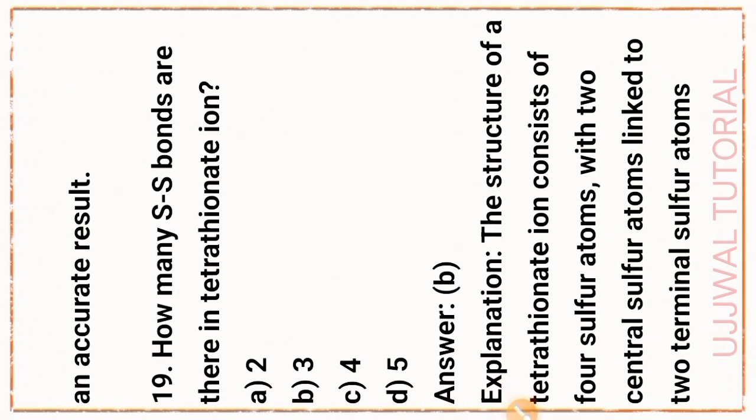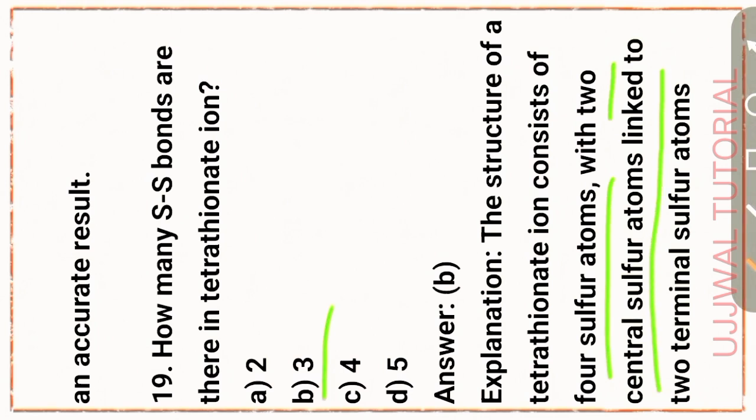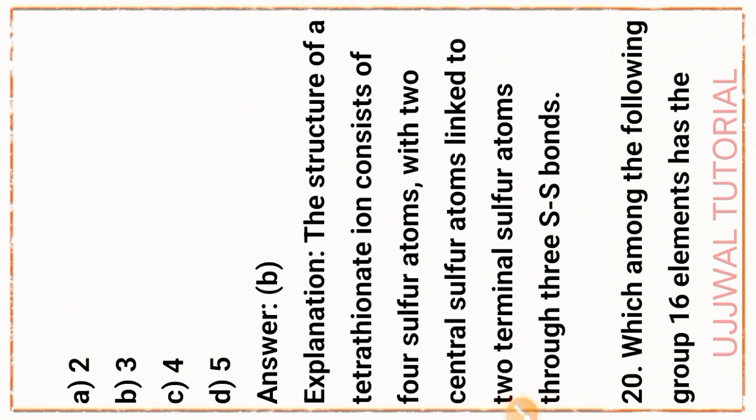How many sulfur-sulfur bonds are there in the tetrathionate ion? Option B. Okay, that is 3. The structure of the tetrathionate ion consists of 4 sulfur atoms with 2 central sulfur atoms linked to 2 terminal sulfur atoms, okay, through 3 sulfur-sulfur bonds.